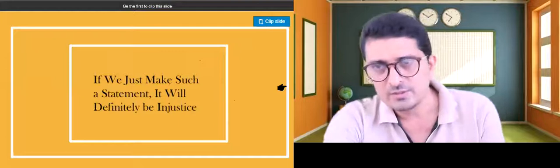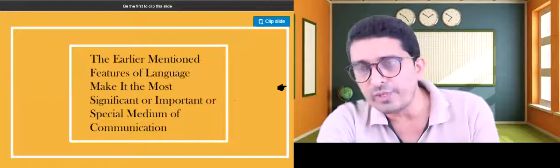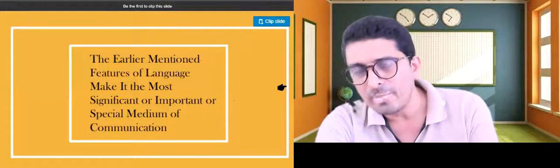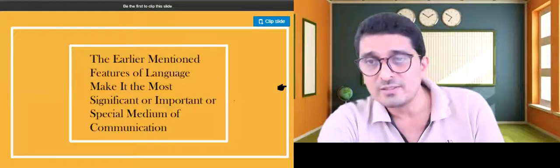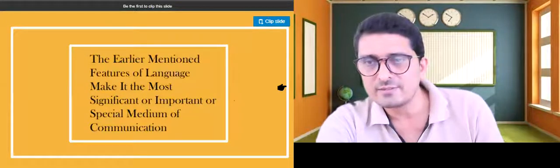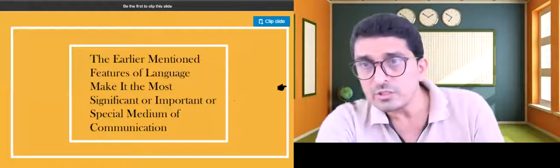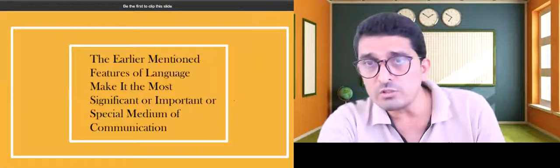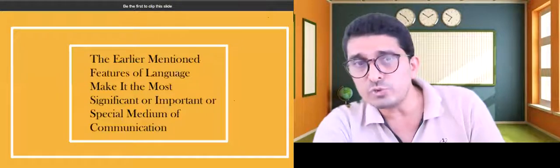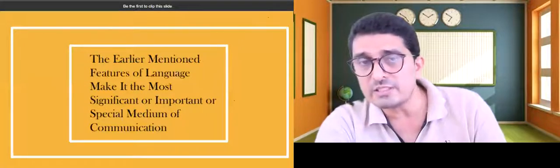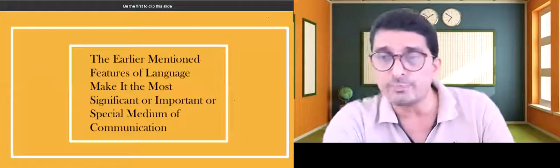The most. We should tell the earlier mentioned features of language. We have told some features. Language is meaningful, language is humane, language is systematic. And these features you cannot see in gestures. You cannot tell gestures are meaningful. You cannot tell gestures are systematic. So the earlier mentioned features of language make it the most significant, most important, special medium of communication.